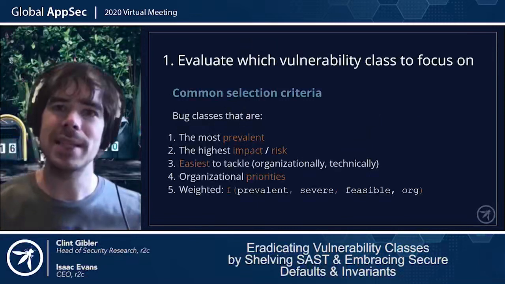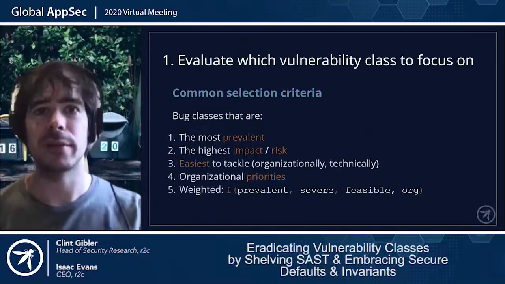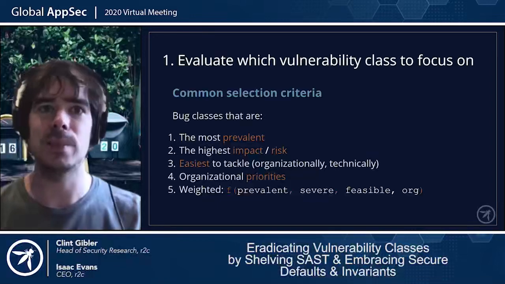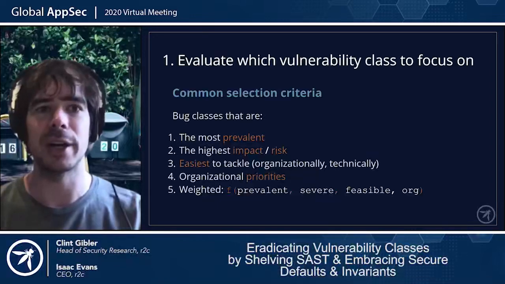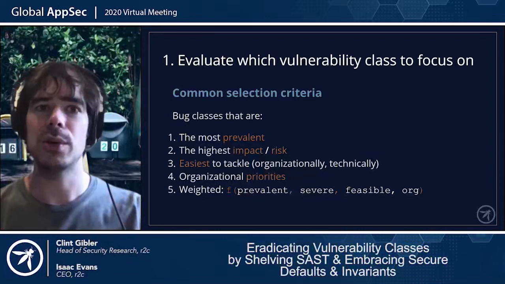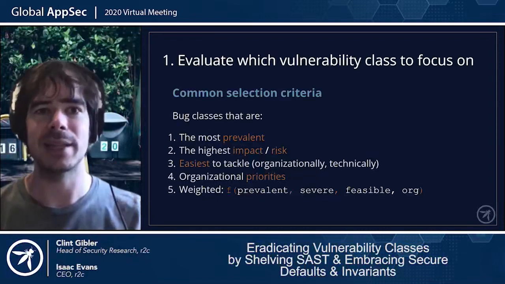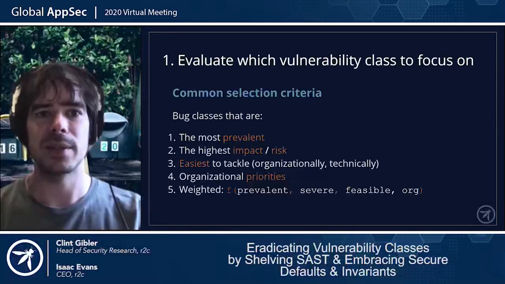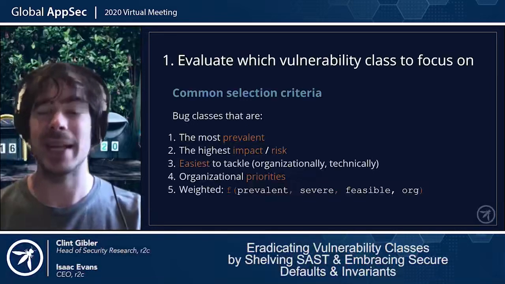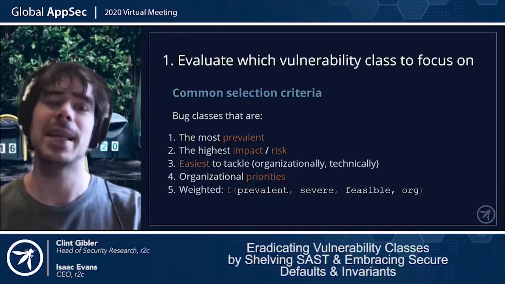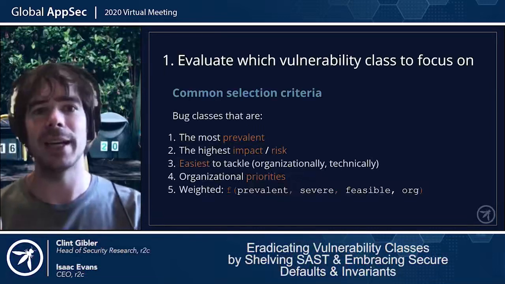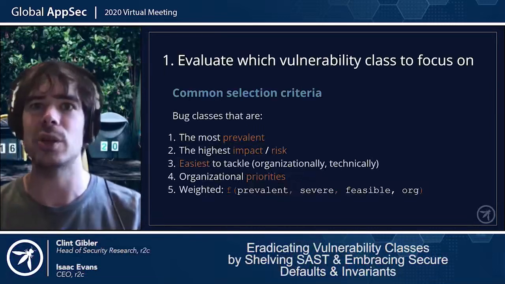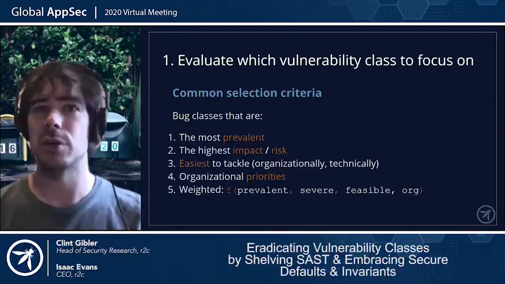There are many ways to decide what you should focus on first. Here are a couple of example criteria that different companies use, but ultimately it's up to you and what makes sense in your environment. One thing you could do is focus on the bug classes that are most prevalent, so what's happening in the most places. You could also focus on the bug classes that have the most impact or risk. For example, let's say your company has a lot of information disclosure type issues, but usually they are either informational or low risk.